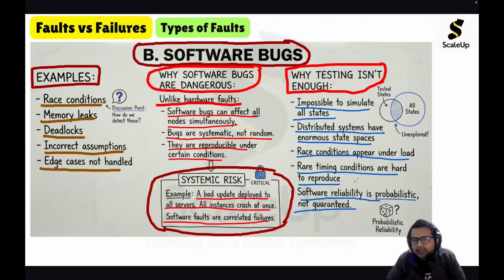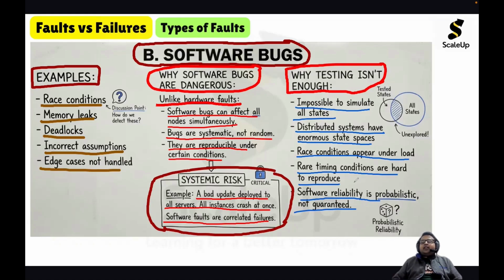So the idea is that, suppose you do rigorous testing. You put lots of effort into testing the system. Still, there might be many scenarios which will be left out, which you will not be able to test. Software reliability is probabilistic, not guaranteed, because we cannot test all the states, and hence testing is not enough.